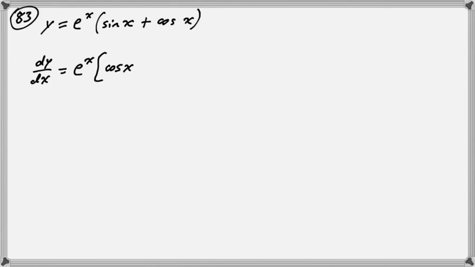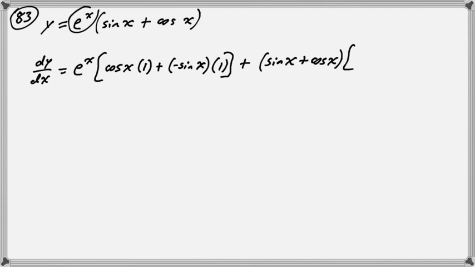Derivative of sine is cosine of the same angle times the derivative of the angle. Plus the derivative of cosine is negative sine of the same angle times the derivative of the angle. Plus bring down the sine x plus cosine x times what's the derivative of this part now? The derivative of e to a power is e to the same power times the derivative of the power.